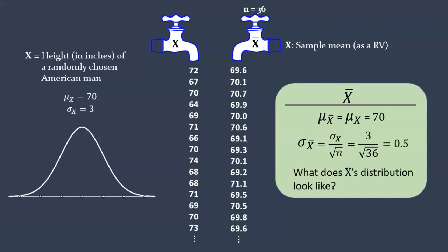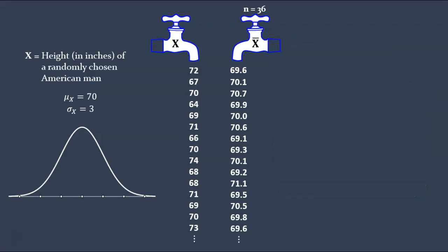Before we move on to discuss the distribution of Xbar, I want to dwell on the standard error since it's such an important concept. We've been looking at an example with a sample size of 36, and we've seen that in this case the mean of Xbar is 70, since the mean of Xbar is always just the mean of x, and the standard error is 0.5. Notice how much smaller this standard error is than the standard deviation of x.